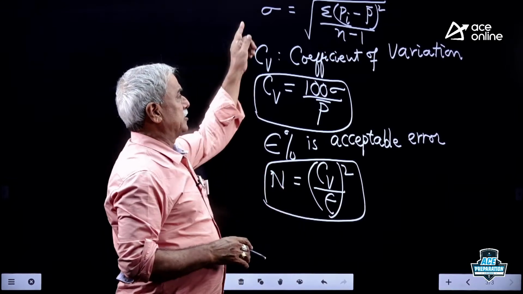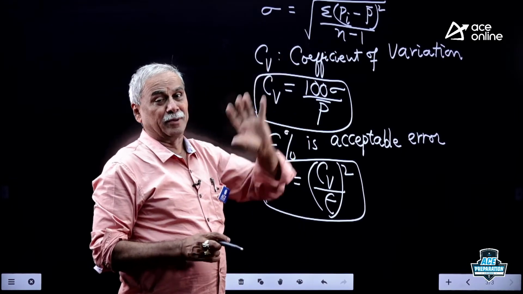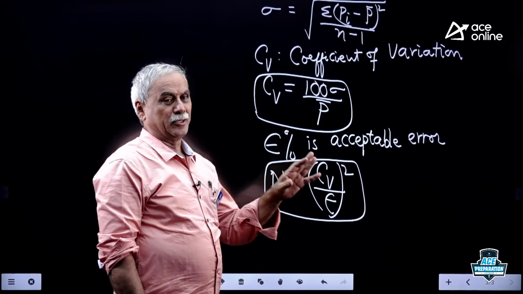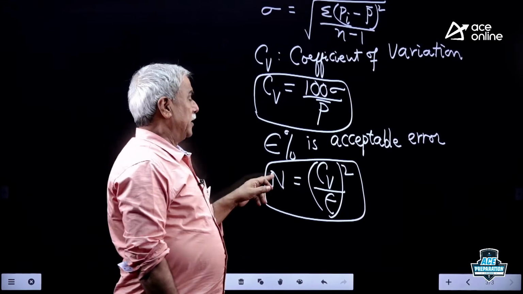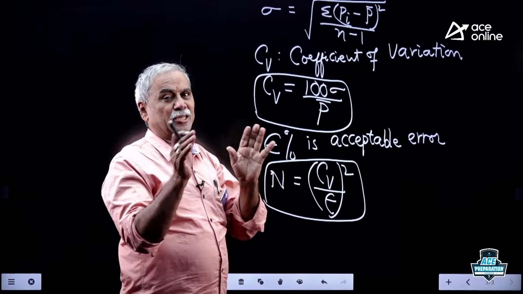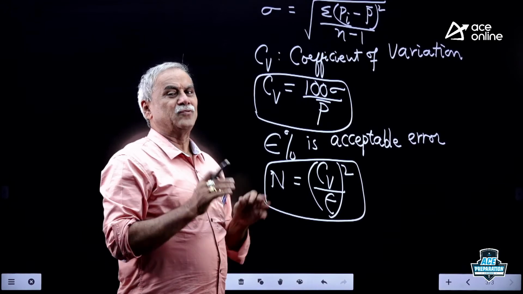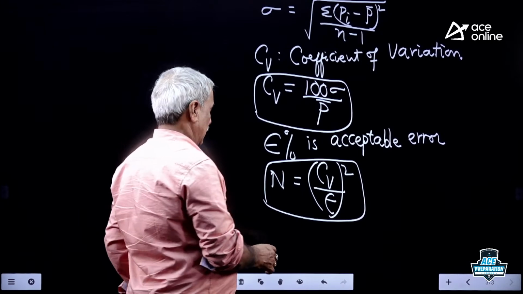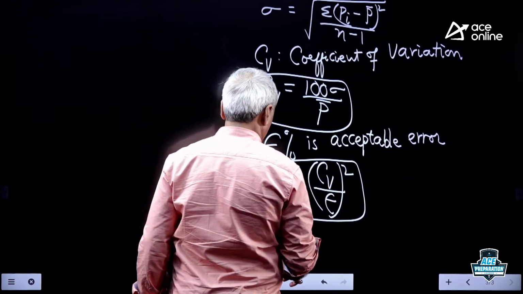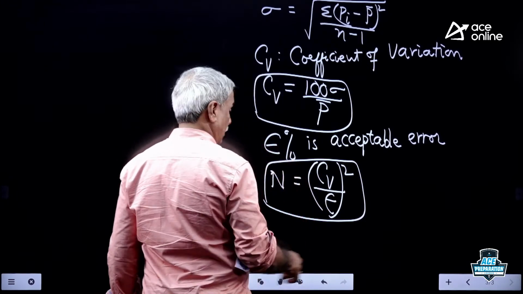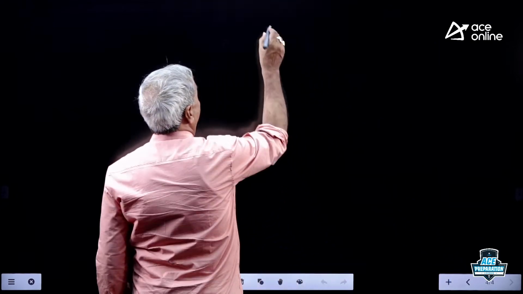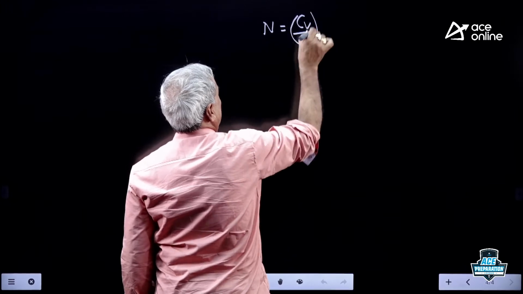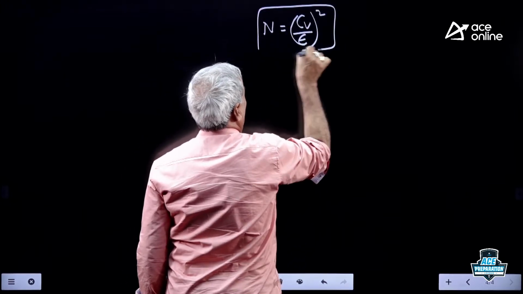Small n number of stations' rainfall data is considered, and the capital N value you are able to deduce. If N is more than n, the remaining stations we have to install now, satisfying all the conditions necessary for rain gauge stations. So N is given by CV by epsilon whole square, which is one important formula.